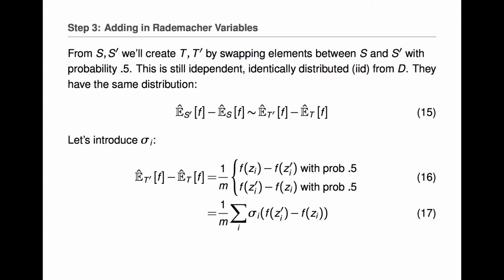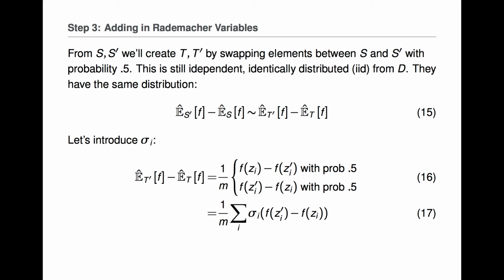And so now we can compute the difference between T and T prime using this definition. And so this is basically a bunch of evaluations of our function f. At this point, you should be reminded of the title of today's lecture, Rademacher complexity. So this looks very much like our Rademacher complexities that we had before.